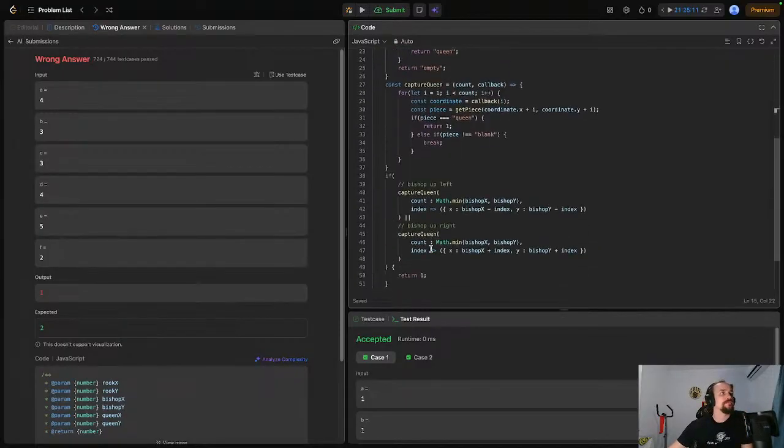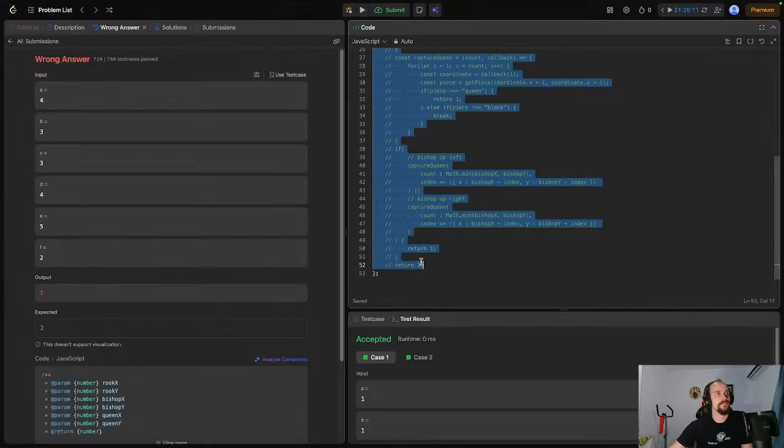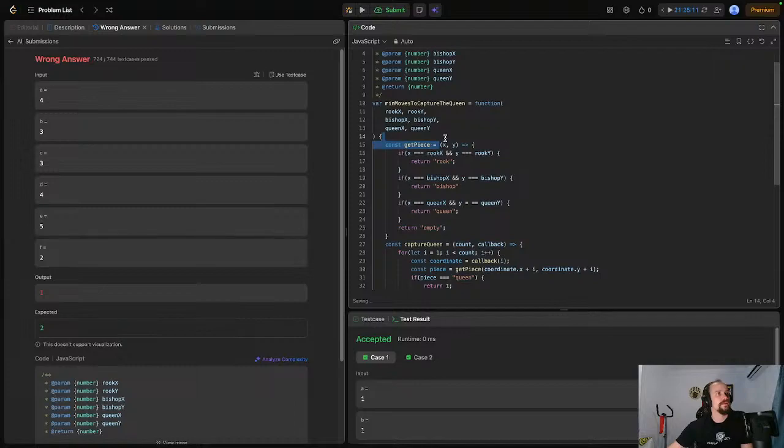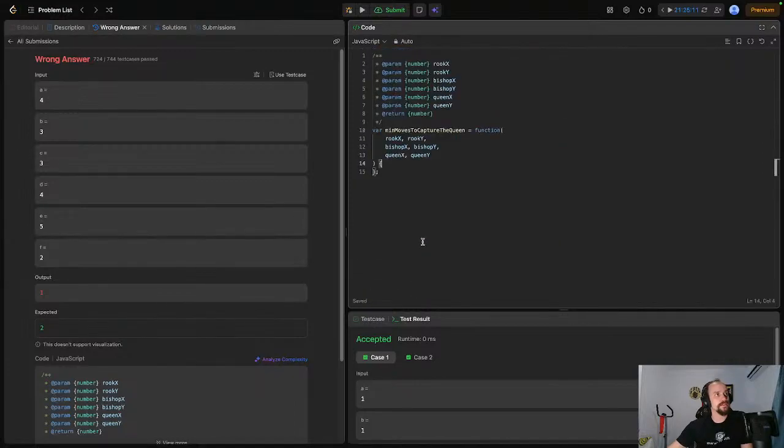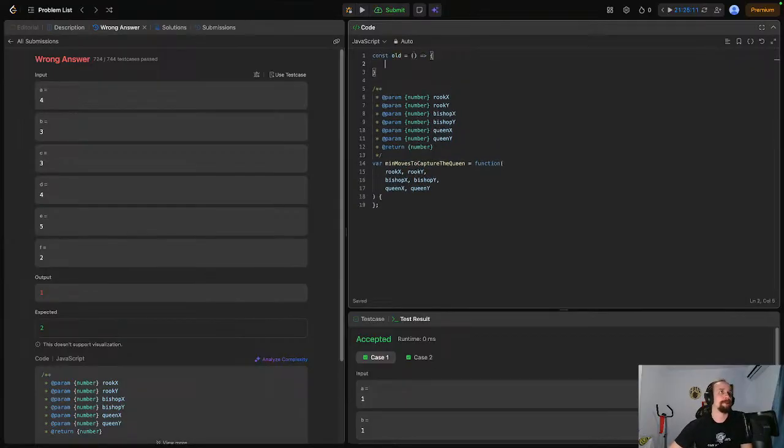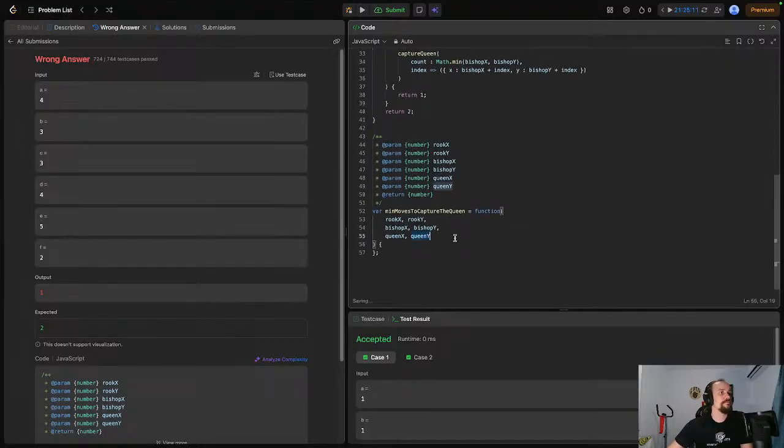Okay. Let me put this code somewhere else. Let's see if I can explore this idea of doing this in like big O(1). So const bishop capture queen.